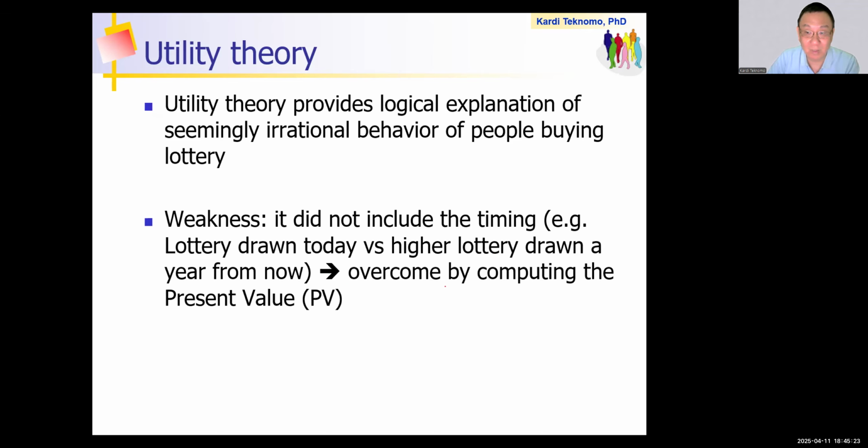We can overcome this by computing the present values. Later during the financial analysis, we can include the value of time. So is there any question or discussion about this utility theory? This is just the beginning of utility. We will deal with utility again and again later during game theory.